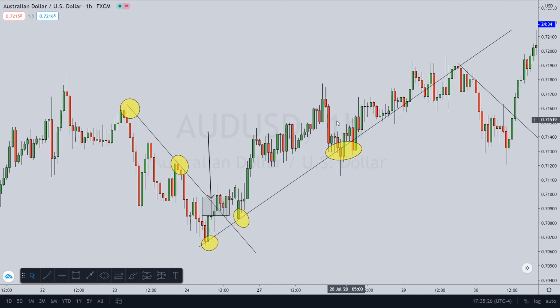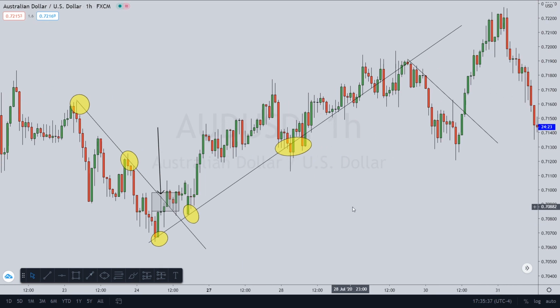And occasionally if I get a third hit that shows me price doesn't want to break beneath or above the trend line, depending on the direction, then there's a possibility that I can take a trade there as well. So, some things to remember: just make sure that these lines hold zero weight in the market. They're just there to give you a visual reference on which way or direction you should be trading.